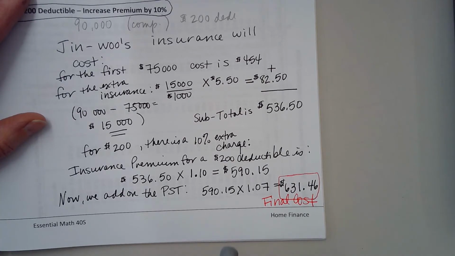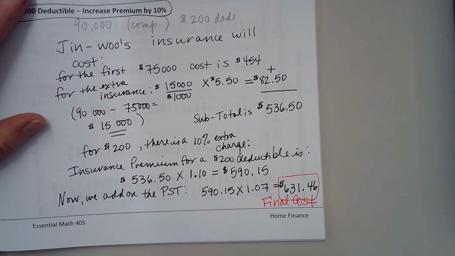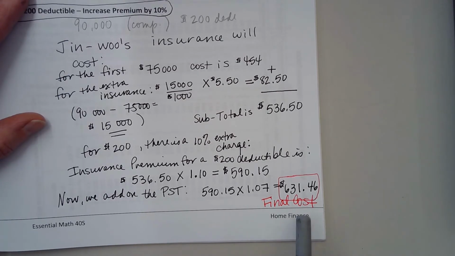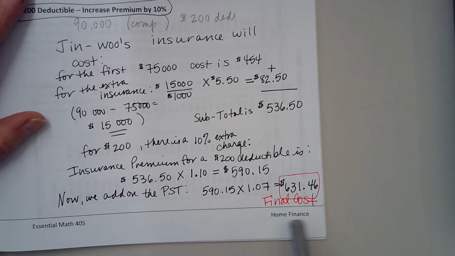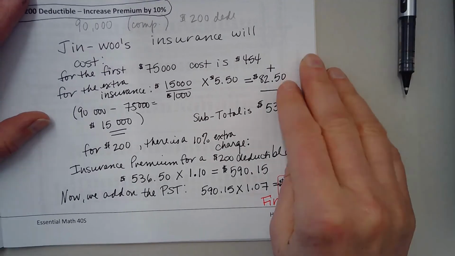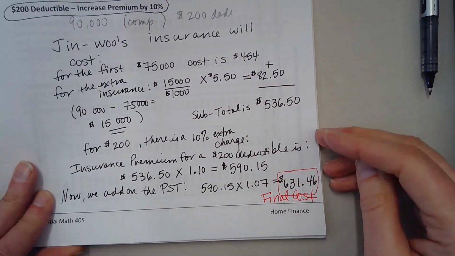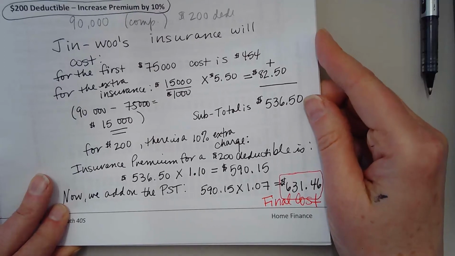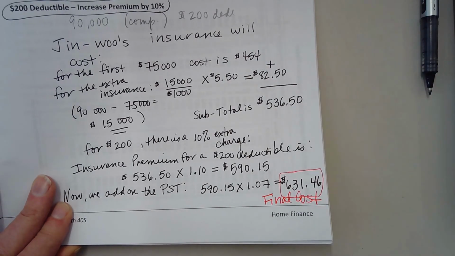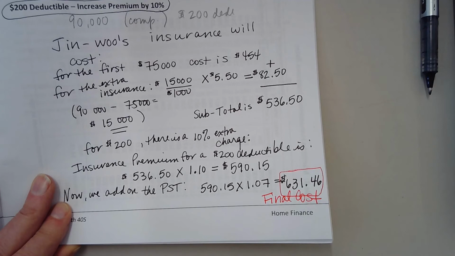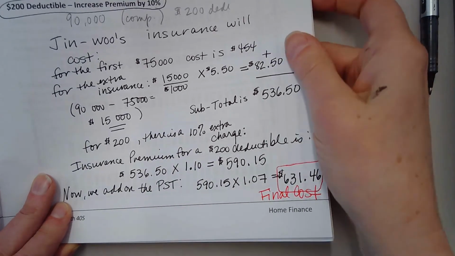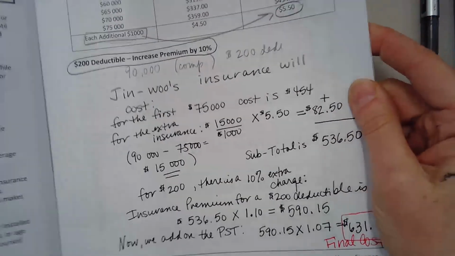Anyway. Okay, so lots of steps, right? I feel like this is just a big lesson on how to use your calculator. So let's just see what this was. This was the extra. Okay. So for my notes, this was for the extra insurance. And by extra, I mean when you have to go off the charts. It'd be nice if they gave us charts that went up to 200,000, right?